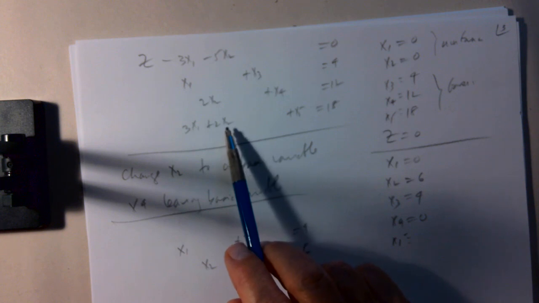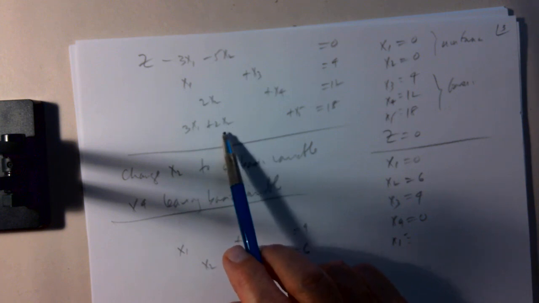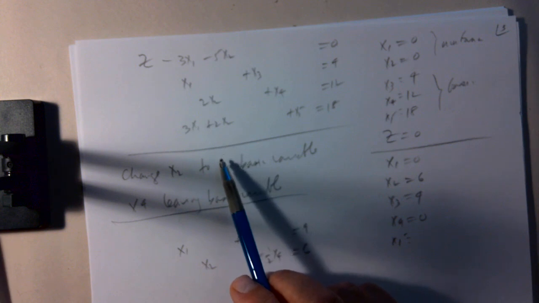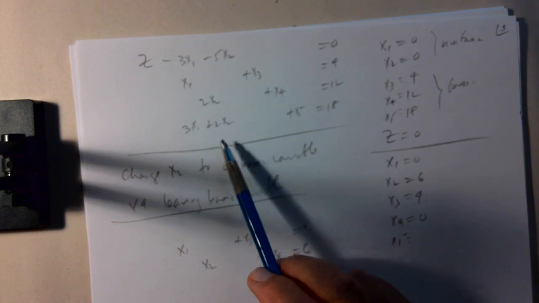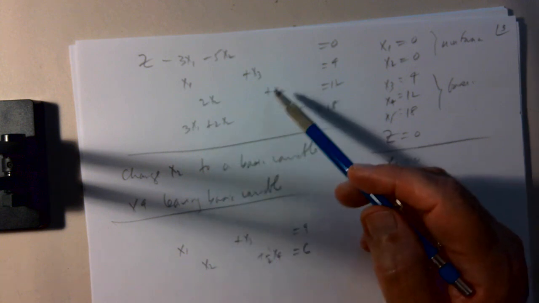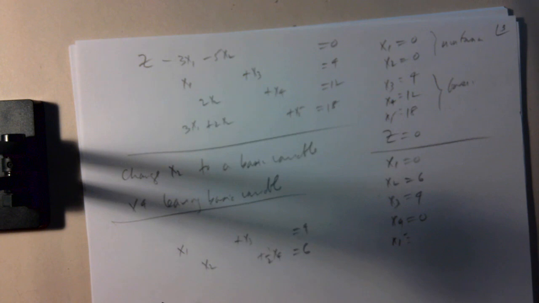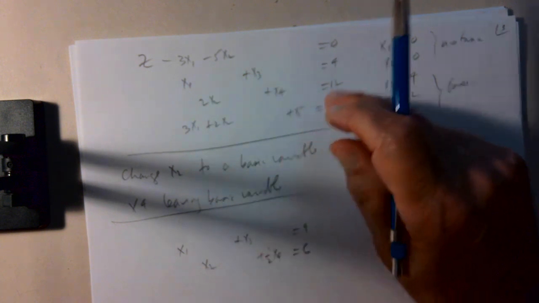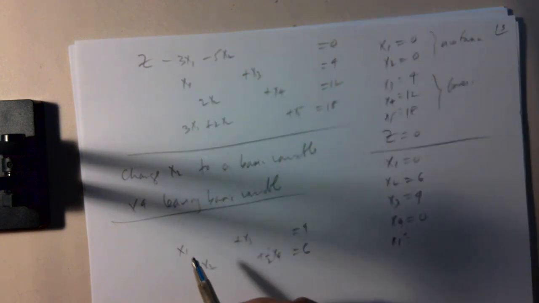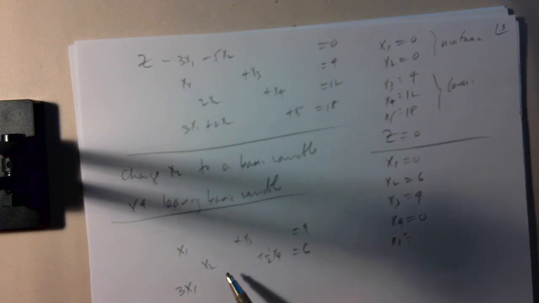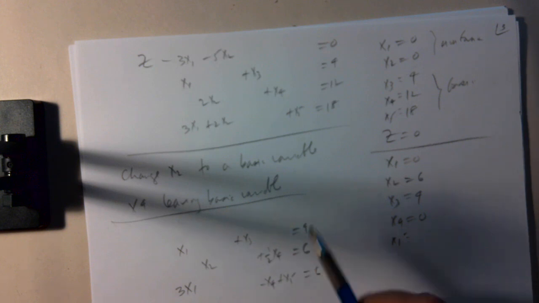I want to eliminate the x2 from this equation. So I subtract equation 2 from equation 3. This equation minus this equation is 3x1 minus x4 plus x5 equals 6.